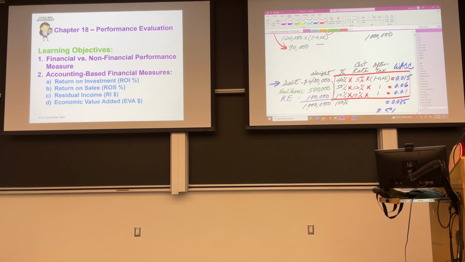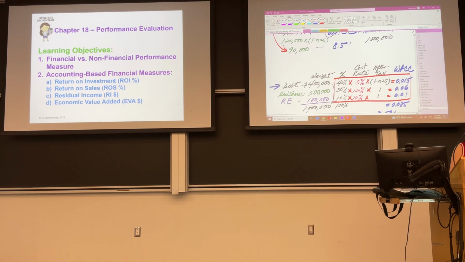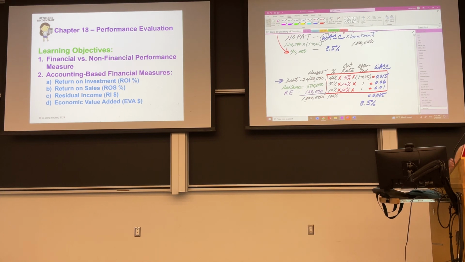So here, 8.5% times 1 million. From different sources of money, on average, for every $100 you have to pay $8.50. So this is 85,000. 90,000 minus this equals $5,000.